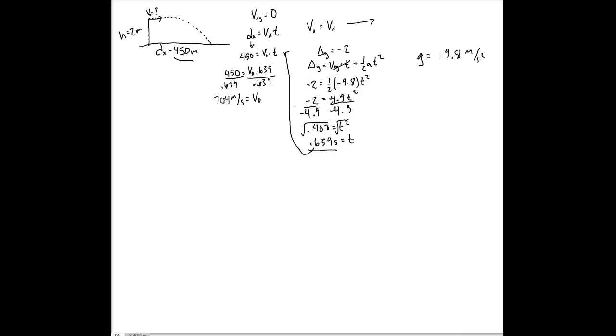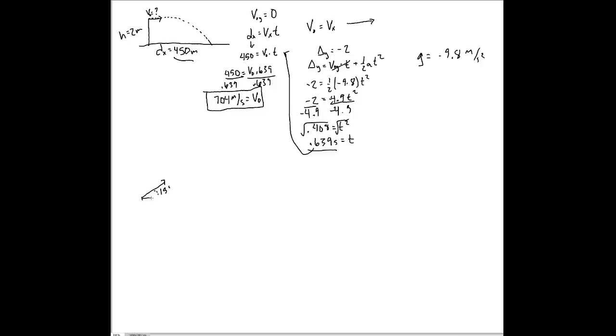Or if I asked you to find the hang time, you could also use that. But this would be your answer if I asked you what is the initial velocity or the muzzle velocity of this projectile launcher. So let's keep going with this same projectile launcher. Its initial velocity is 704 meters per second. And let's say that now it's fired from the ground, but at an angle of 15 degrees.